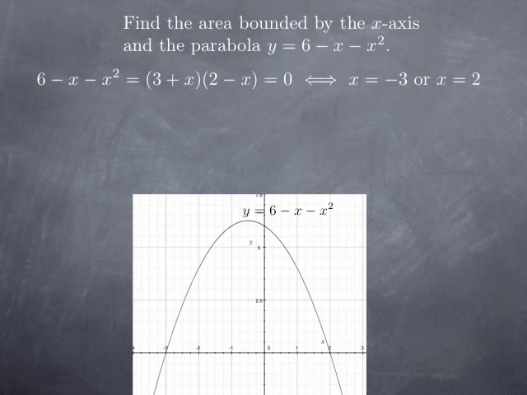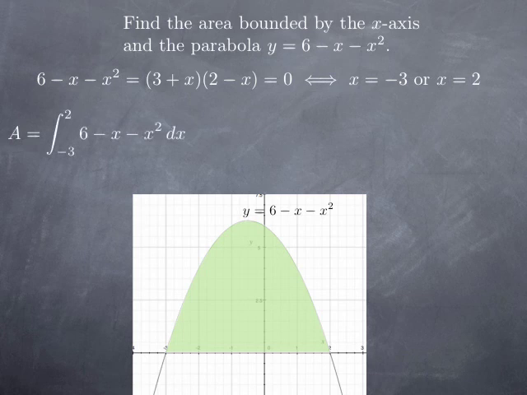And since 6 minus x squared factors as 3 plus x multiplied by 2 minus x, we see that this product is 0 if x is negative 3 or x is 2. That means that this area here is the area that we are looking for, and it can be set up as the integral from negative 3 to 2 of the continuous function 6 minus x squared. And this function is continuous and positive on that particular interval. And so the area under the graph is the area we're looking for.